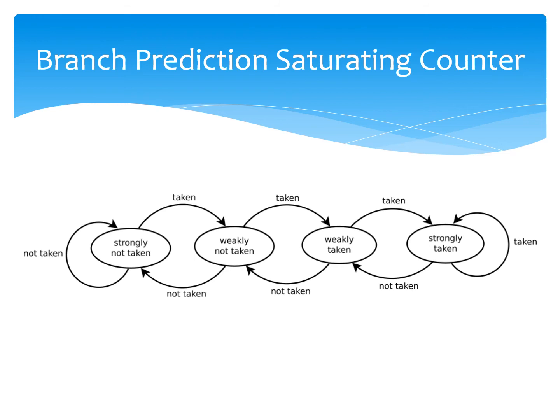When a branch is evaluated, the corresponding state machine is updated. Branches evaluated as weakly not taken change the state to strongly not taken, and branches evaluated as weakly taken change the state to strongly taken.